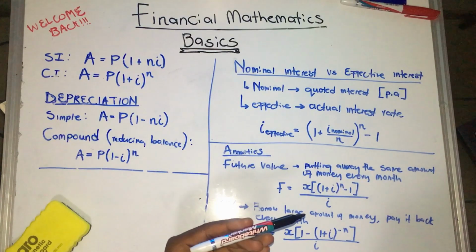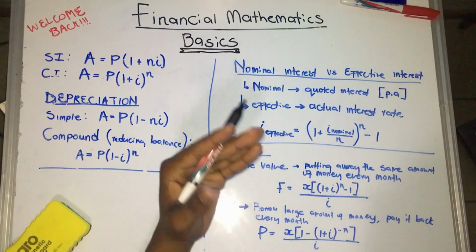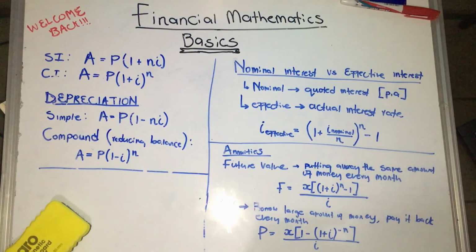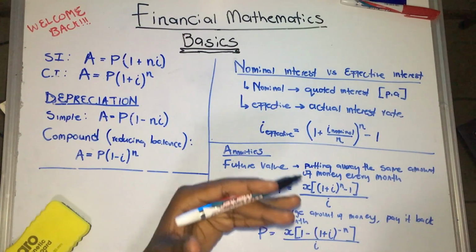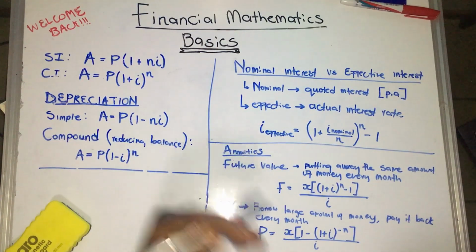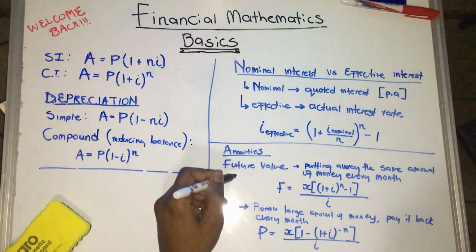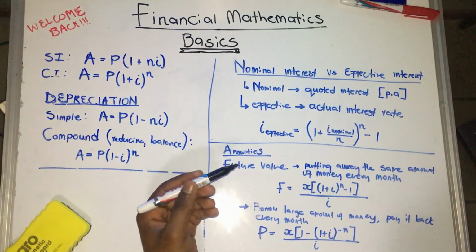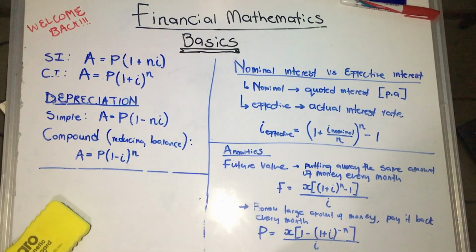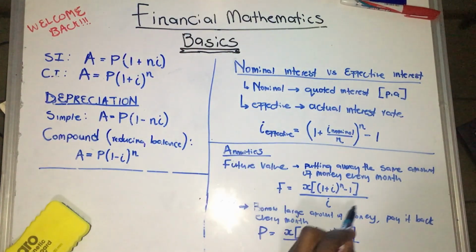Whenever you have a scenario where someone is putting a constant amount of money every month, with the hopes that it's going to gain interest, and then they're going to get a future value which is more than what they put in every month, that scenario is a future value. The future value of that investment can be calculated in this way.